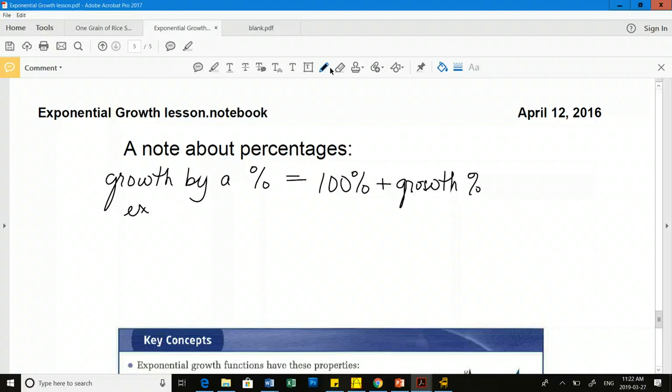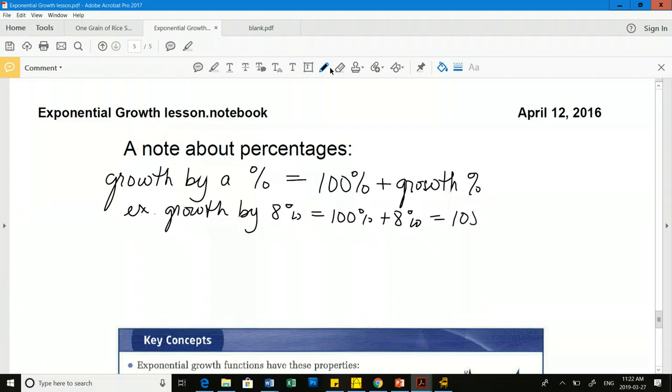So example, if I have growth by 8%, this is actually 100% plus 8%, and it's a growth factor of 108%. 100% of what I already have, plus an additional 8% is being added to that. So when I go to do my b value here, I switch the percent into a decimal, and I will write my b value as 1.08.